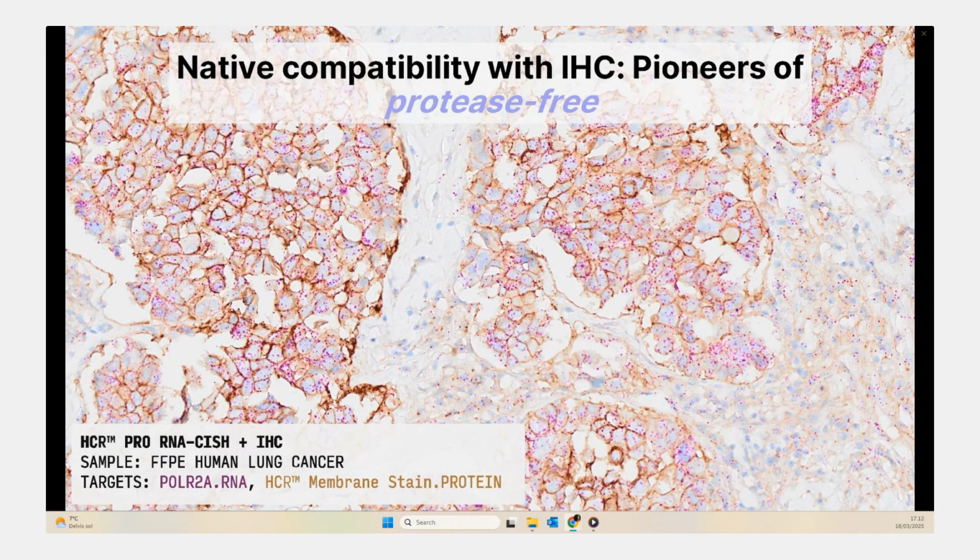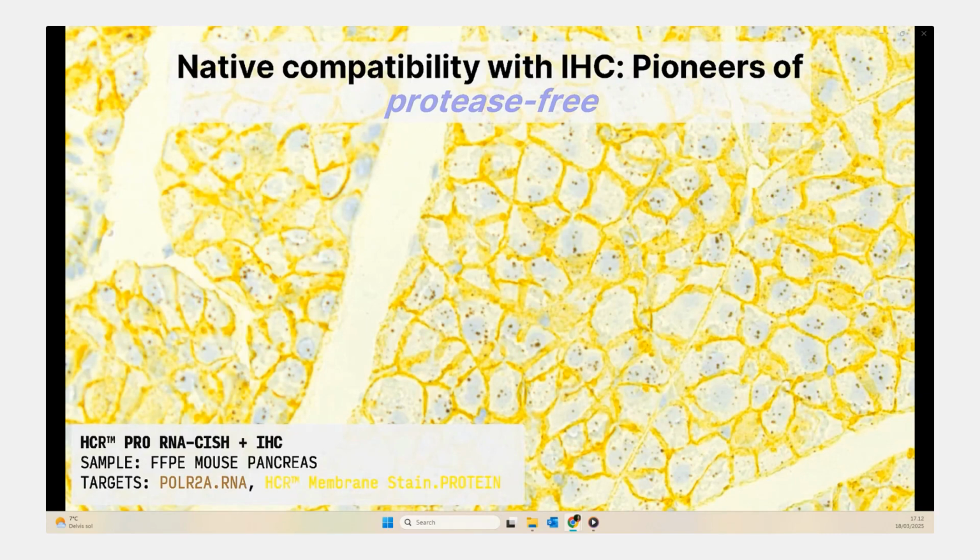So the user can choose a more translucent chromogen, such as green or yellow. This example shows a very nice cell segmentation using a yellow chromogen as the membrane marker. Again, the protease-free assay allows membrane and nuclei features to remain intact.